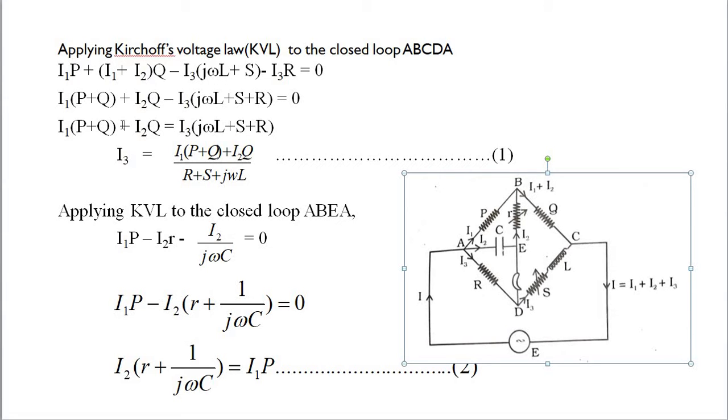So we can rearrange this equation into I1 into P plus Q, Q is taken here, plus I2Q minus I3 into j omega L plus S plus R, that is equal to 0.